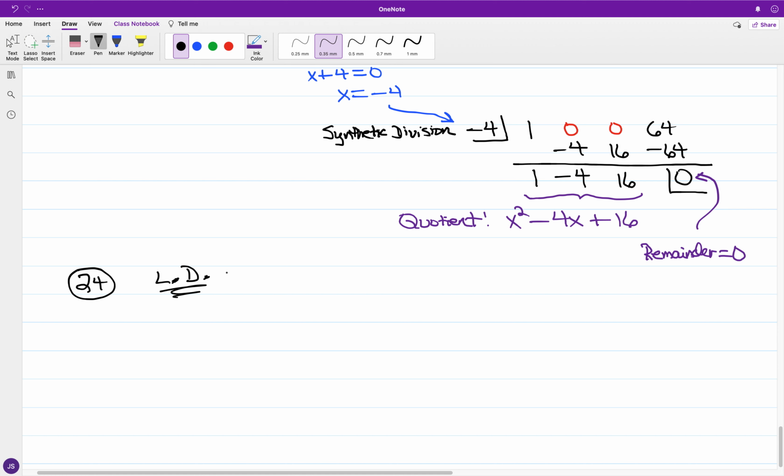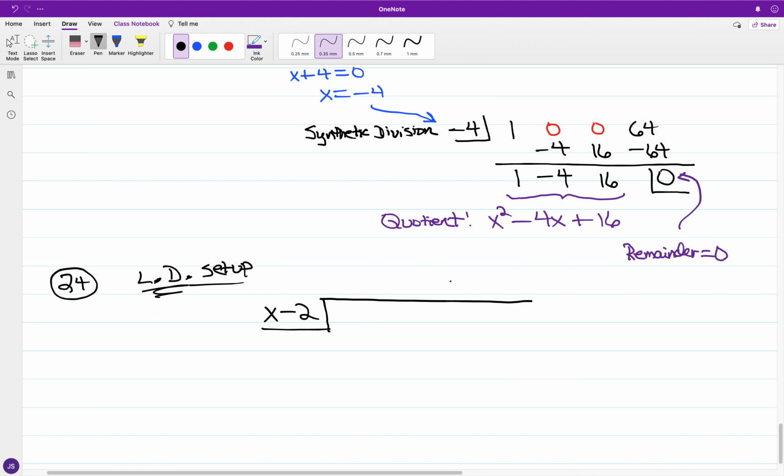For the long division setup, your divisor is x minus 2, and we're taking into x to the 4th minus 5x cubed plus 2x squared minus x plus 20.